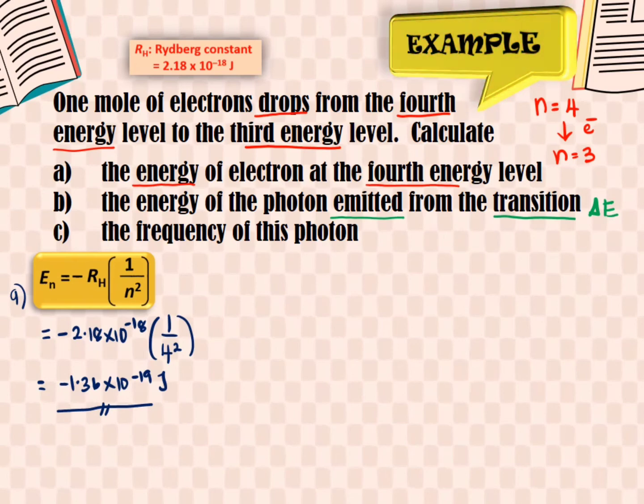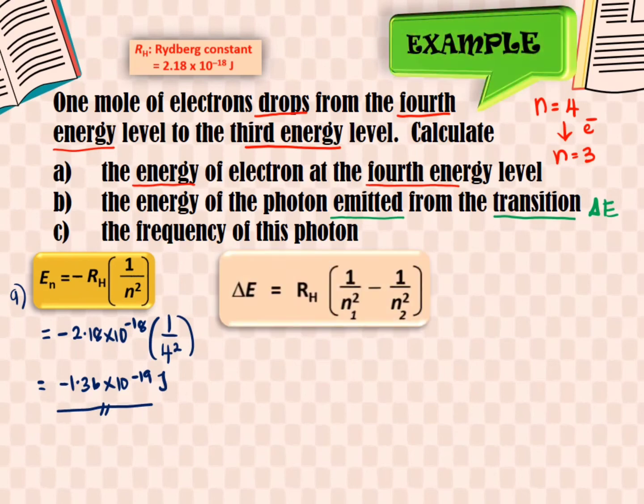Maksudnya daripada elektron tu bergerak fourth energy level to third energy level. So, the suitable formula that you need to use is delta E equal to Rydberg constant 1 over n1 squared minus 1 over n2 squared.